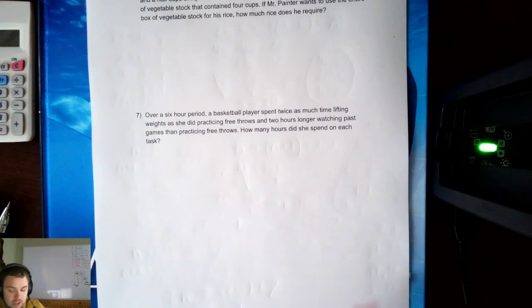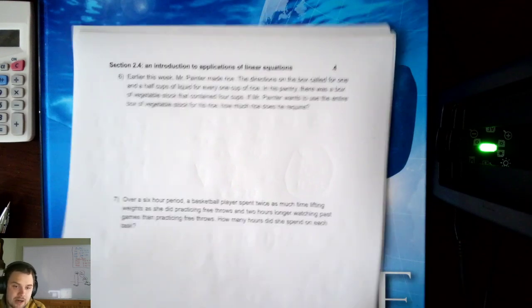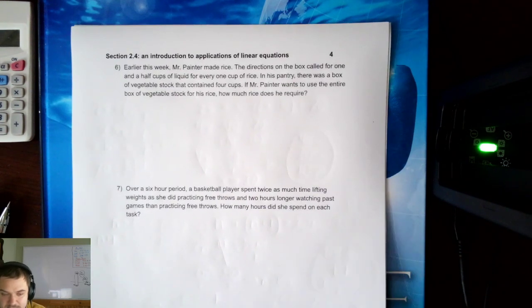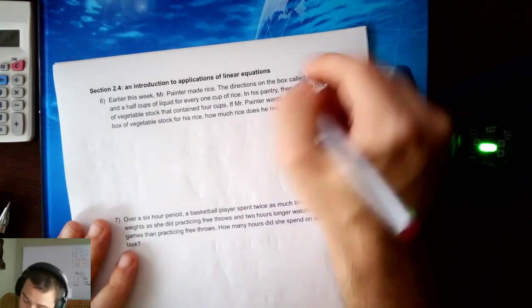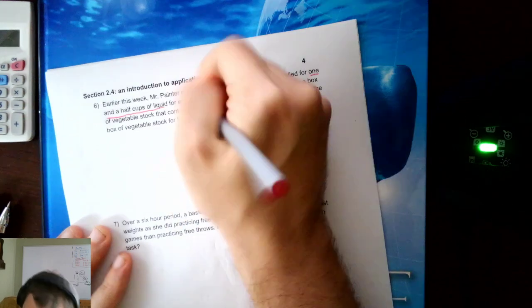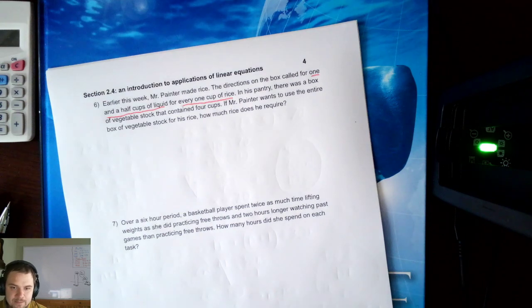Now, let's look at another example. This time, it's a culinary example. We're going to be in the kitchen. Earlier this week, I made rice. The directions on the box called for 1.5 cups of liquid for every 1 cup of rice. So I have a relationship between liquid and rice.